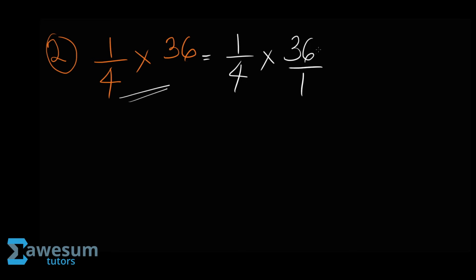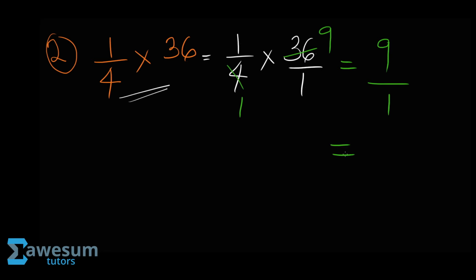4 and 36, they have a common factor of 4. So 4 in 4 is 1. 4 in 36 is 9. And if you take a look at this, you will realize that nothing can divide anymore. So 1 times 9 is 9 over 1 times 1 is 1.